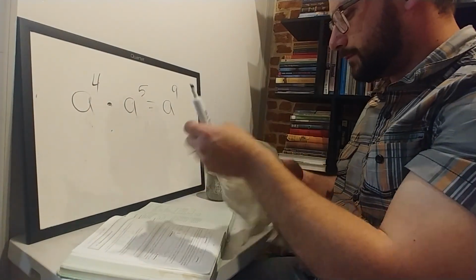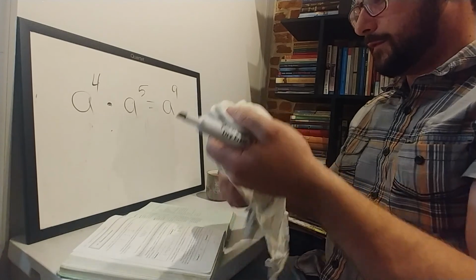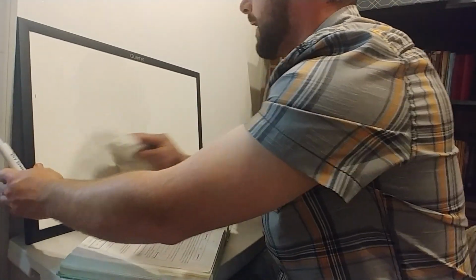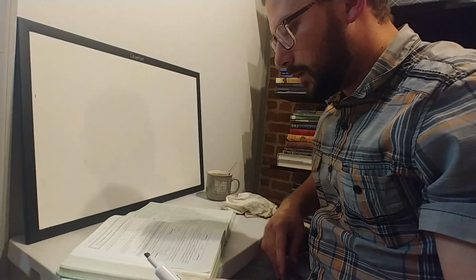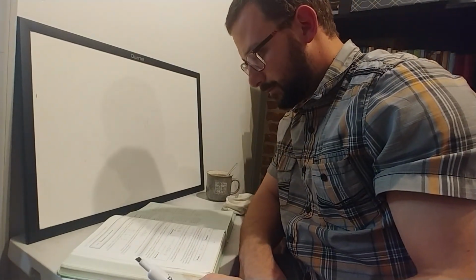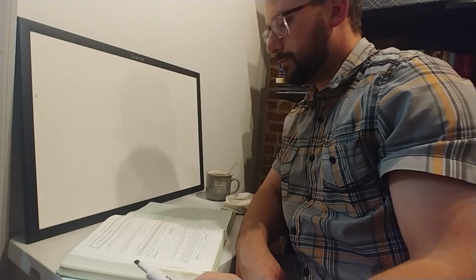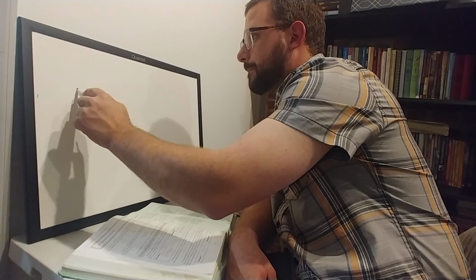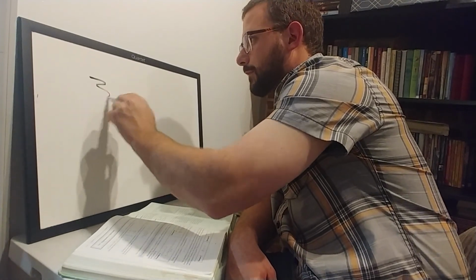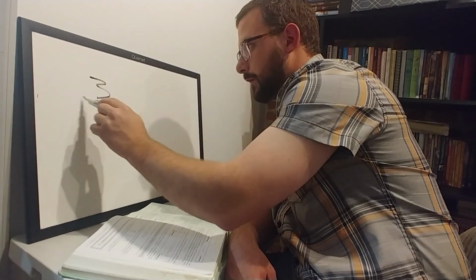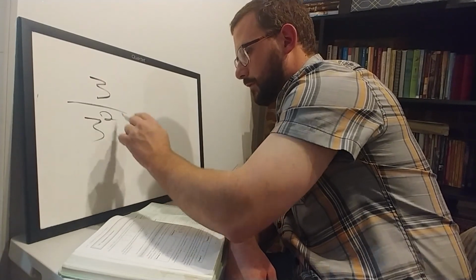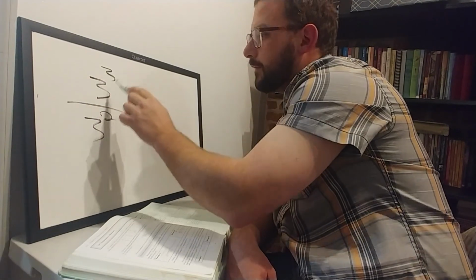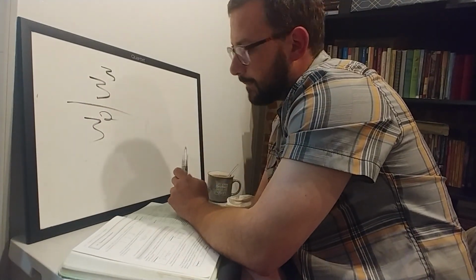Alright, now, division is exactly the opposite. So, let's say you have 3 to the 3rd divided by 3 squared.